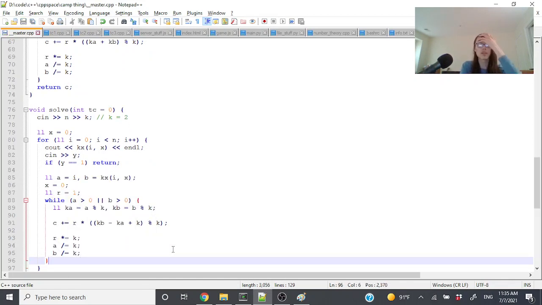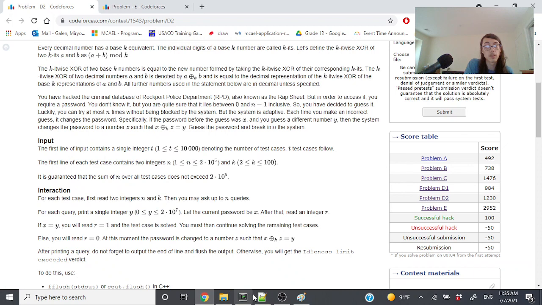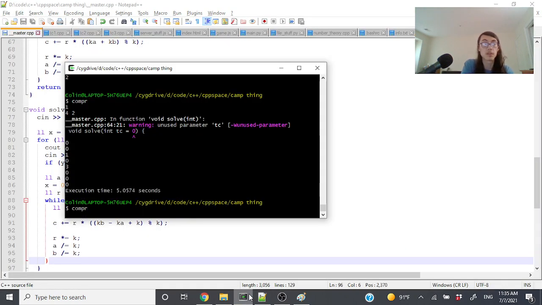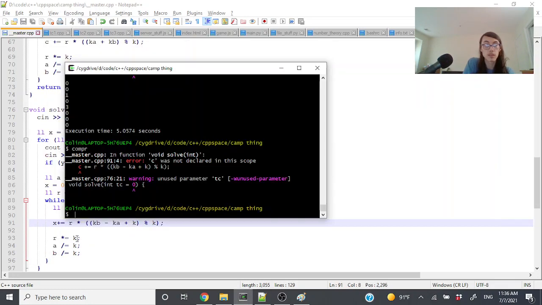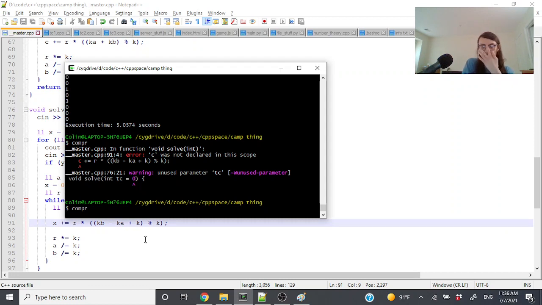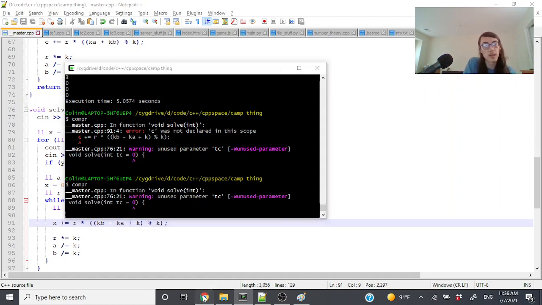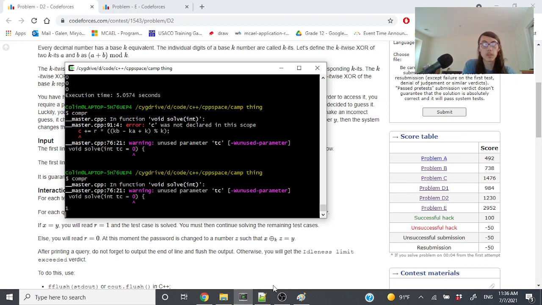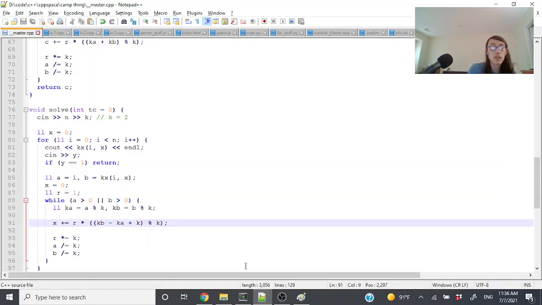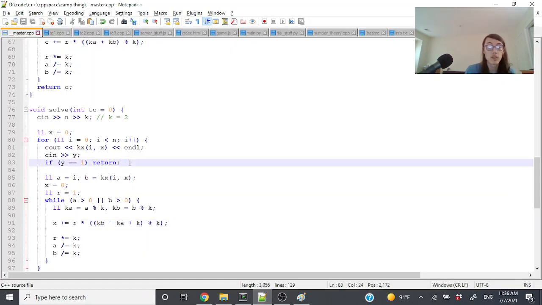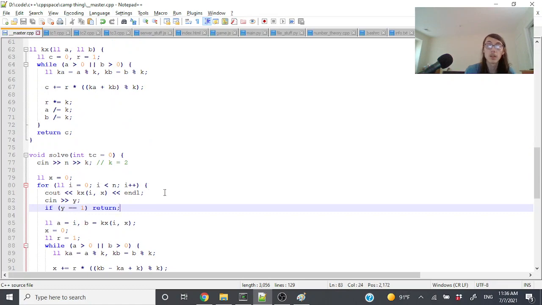I really don't understand what the problem is here. So 4, 2 should give the same order. X. Should give the same order. So 1, 4, 2. No. Okay, something's messed up there. A is greater than 0 or B is greater than 0.